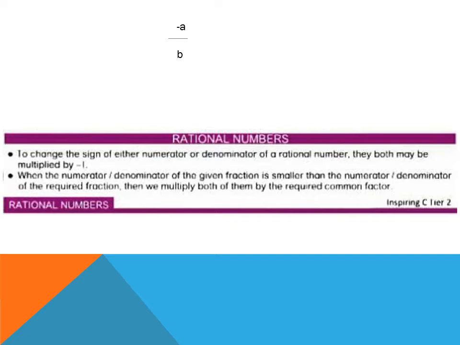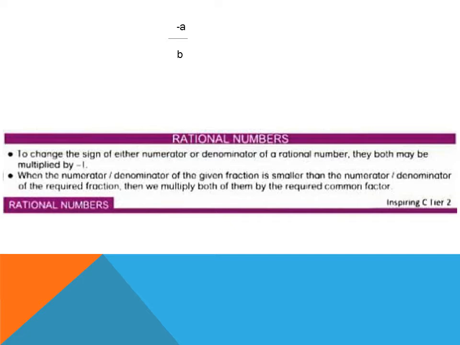So basically, let us say on the top of the screen we have a rational number minus a by b. Now if we want to change the sign of the numerator into a positive, that means we need to make minus a into a, then we will have to multiply minus a with -1.